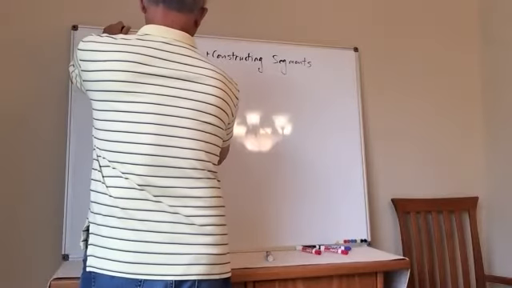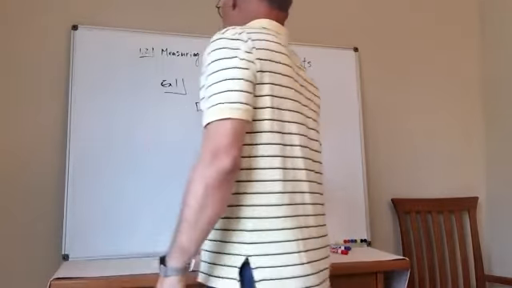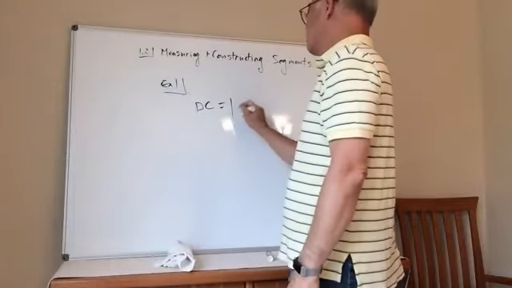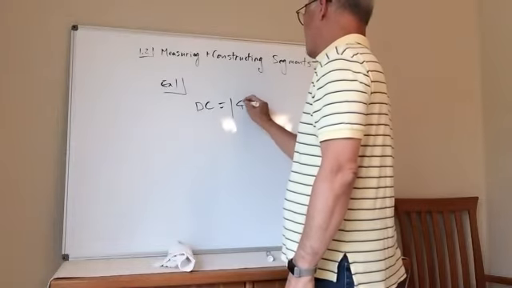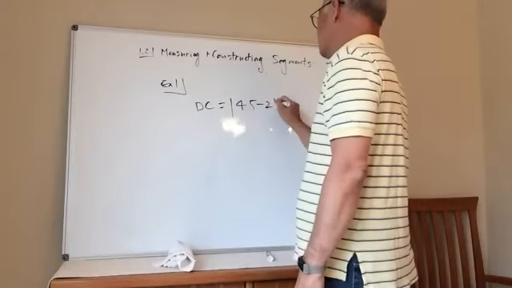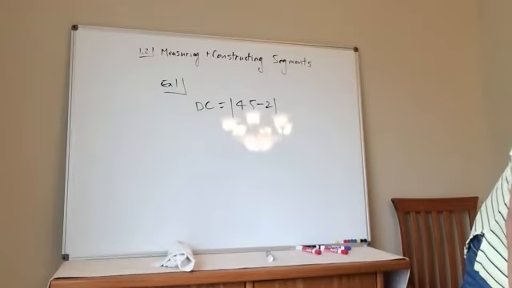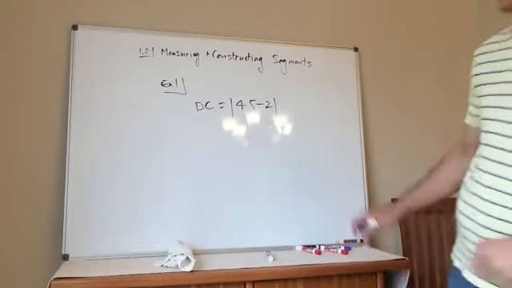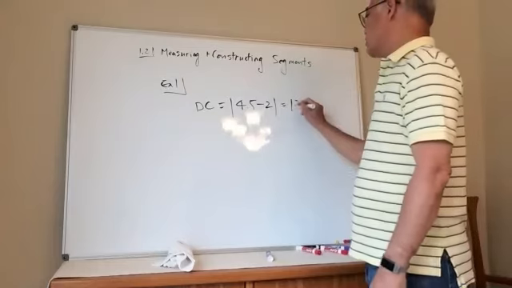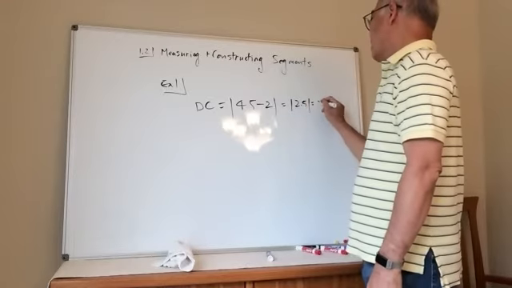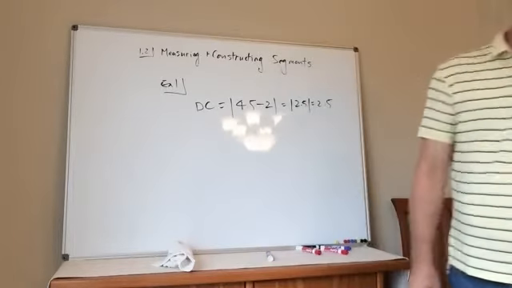So this is example number 1. DC is going to be equal to 4.5 minus 2, so it's going to be the absolute value of 2.5, which is just 2.5.